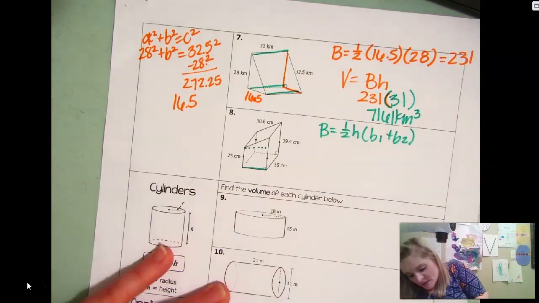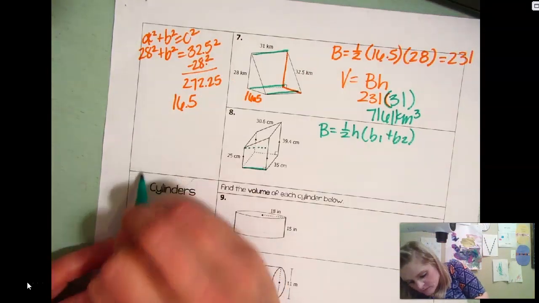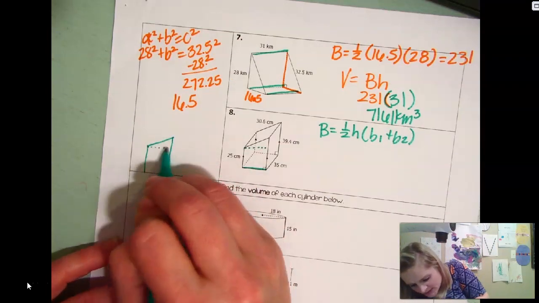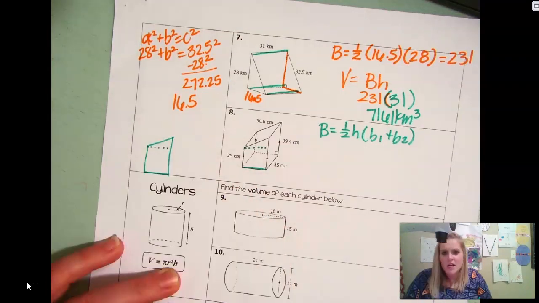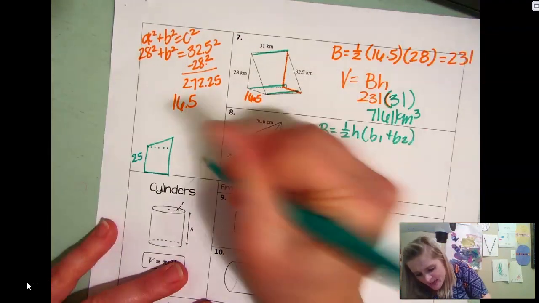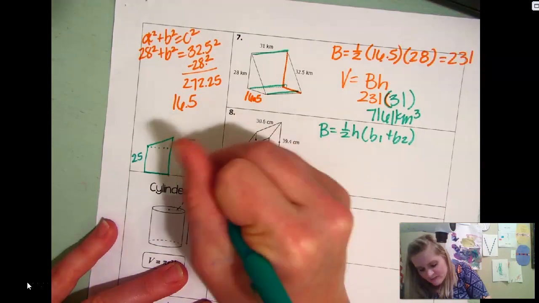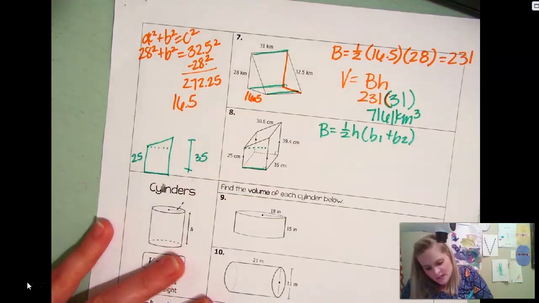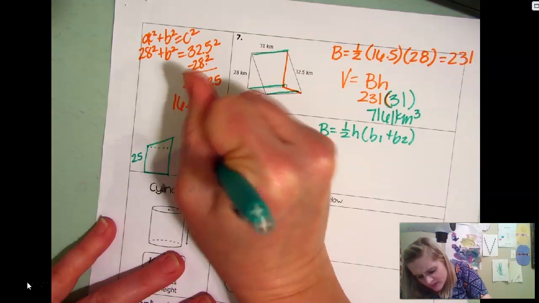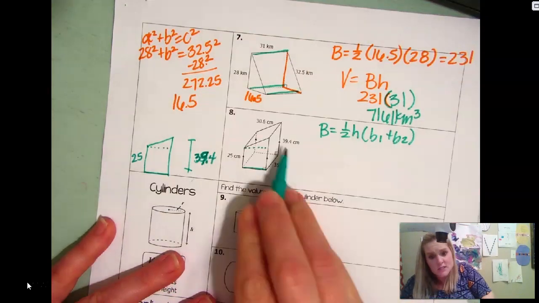So I'm going to kind of do this over here. I'm going to draw this here, you guys, because I need to know the distance there. So I know that this is 25, and this entire thing is, sorry, what is it? 39.4. Okay, 39. Sorry, it's this 39.4.